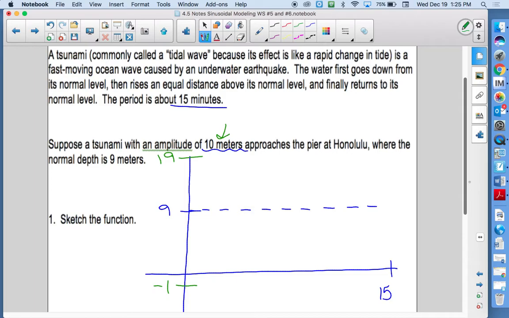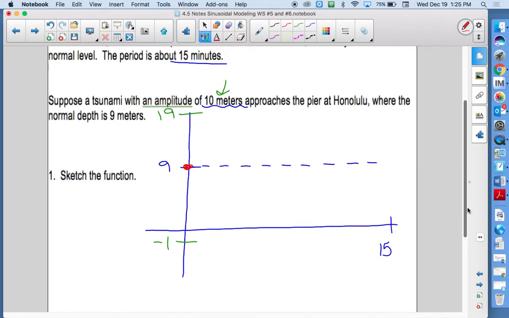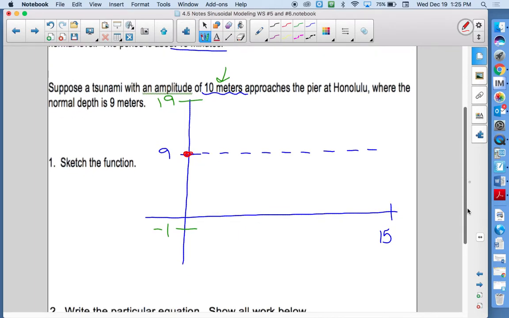And then it's going to go down to negative 1. But we know that it starts here at 9. So nothing's going on. The water is just a typical day, just a little ripple in the current. And then all of a sudden, this earthquake happens, causing a tsunami, and you're no longer standing on the pier, because if you are, you might not be alive afterwards. So you're going to run for your life, go away from the pier, get in your car, and drive like crazy.